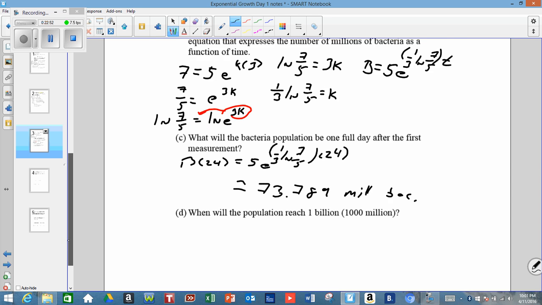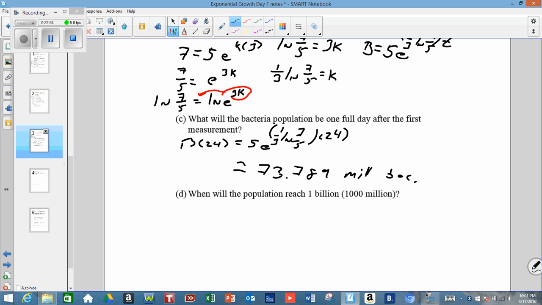All right, the last part, part D, says when will the population reach 1 billion, which is 1,000 million. So now we're asking the question when. So that means that we're solving for t. So 1,000 is the amount of bacteria, 5e to the 1/3 natural log 7/5 times t. So now to solve for t, it's the same idea as what we did up here when we were solving for k. You got to divide both sides by 5.